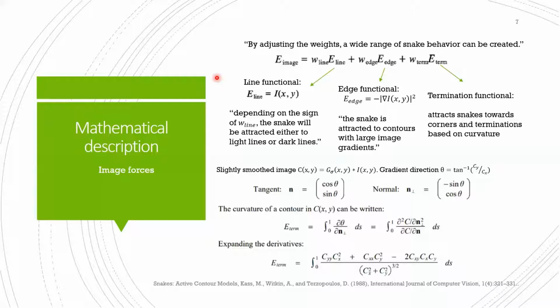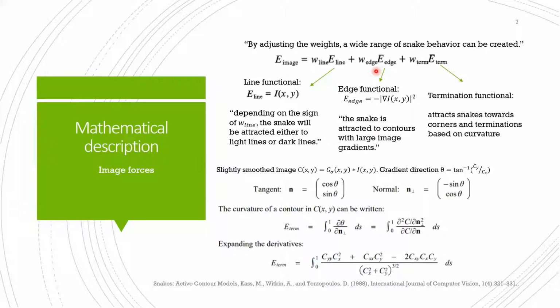The coefficients are W line, W edge, and W term. By adjusting them, a wide range of snake behavior can be created. Depending on the sign of W line, the snake will be attracted to either light lines, white color lines, or dark lines, black lines, because of the intensity.